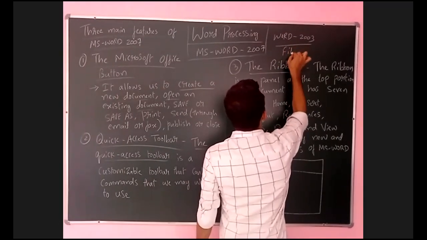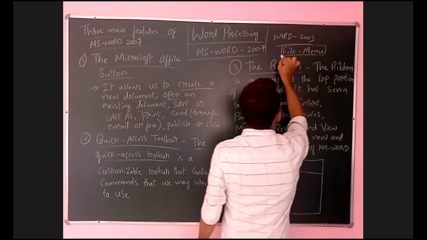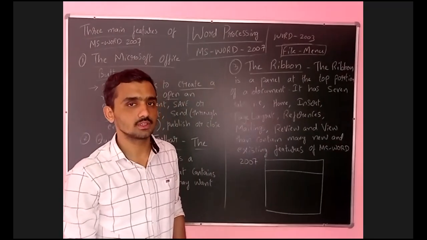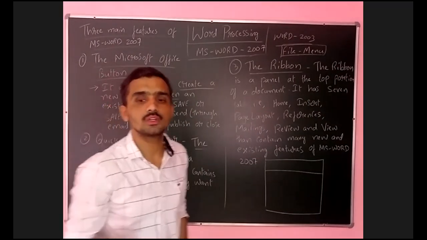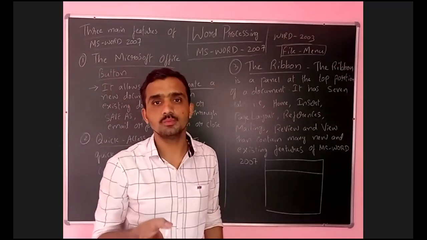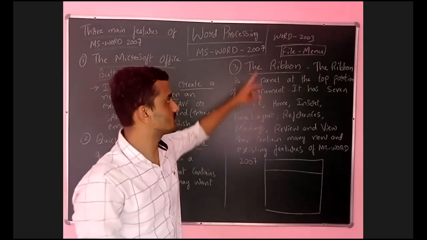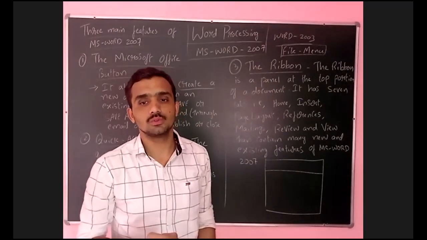Whatever operations we do with the file menu in MS Word 2003, most of the same operations we can do with the Office button. In addition to that, some new features have been introduced in MS Word 2007.